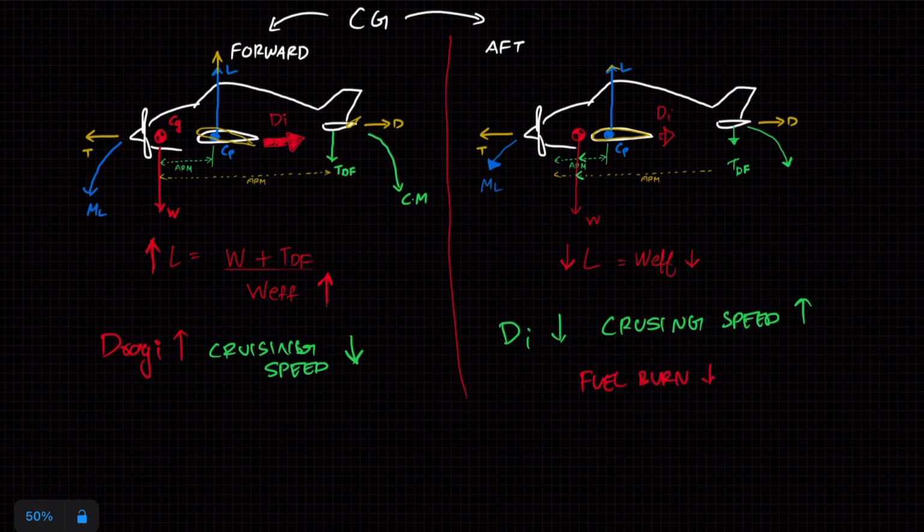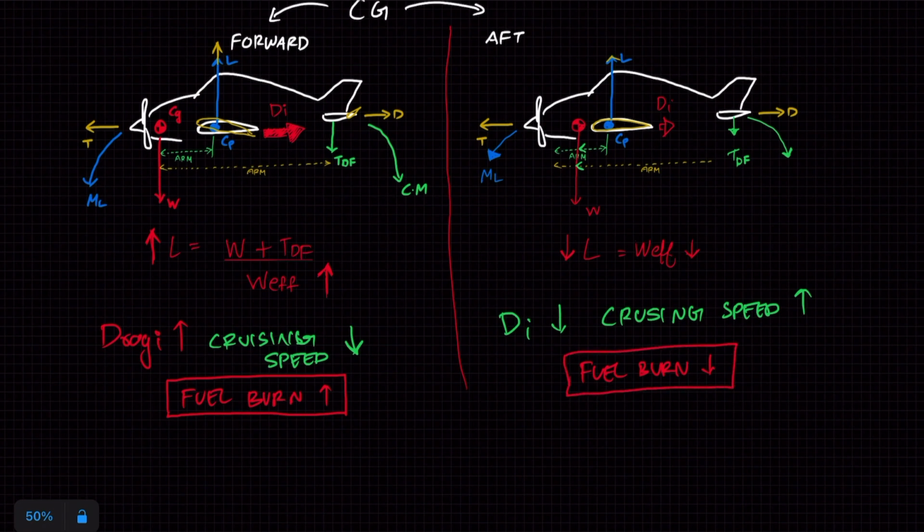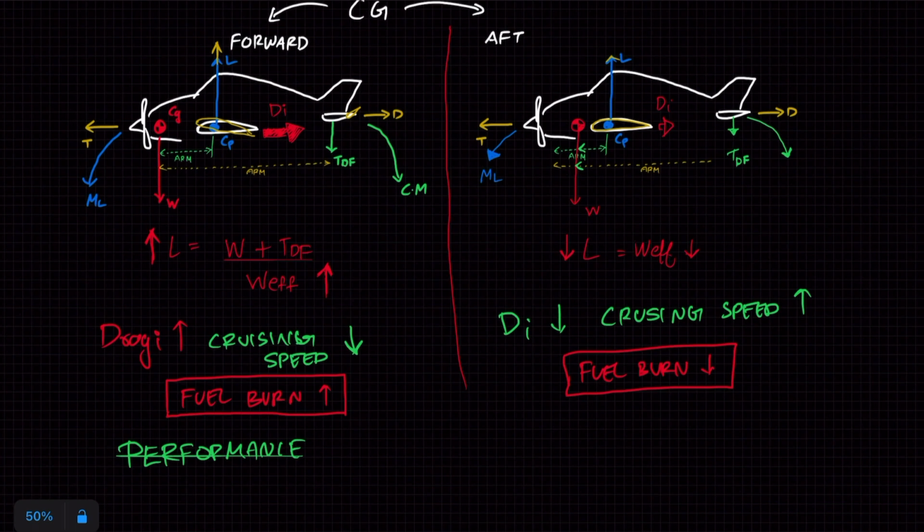For the airplane with forward CG, since the cruising speed is much slower, it burns more fuel. So the plane with forward CG ends up reaching the destination late. So in terms of performance, you can see the forward CG is bad, whereas aft CG is good because of less fuel burn and higher cruising speed.